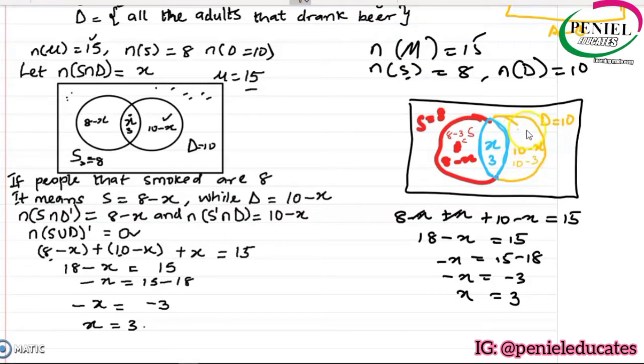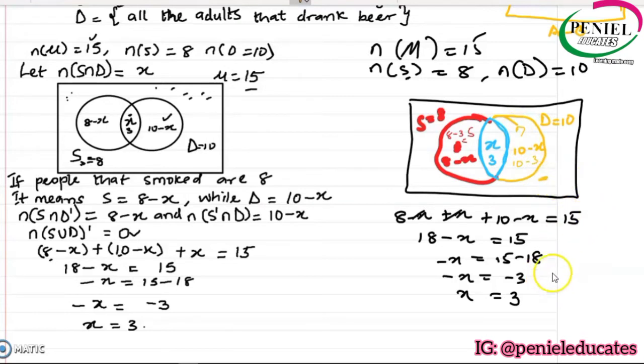It's going to give me 7. All right, so the adults that smoked cigarettes without doing any other thing than smoking cigarettes are actually 5, and the number that drank beer without doing anything else is 7.